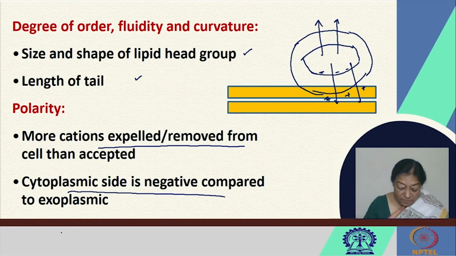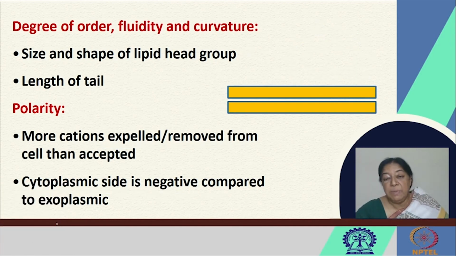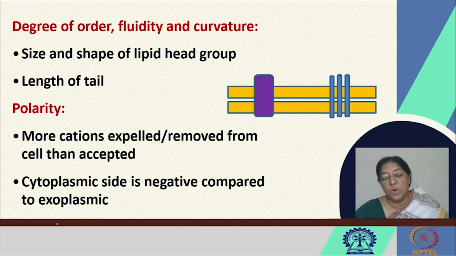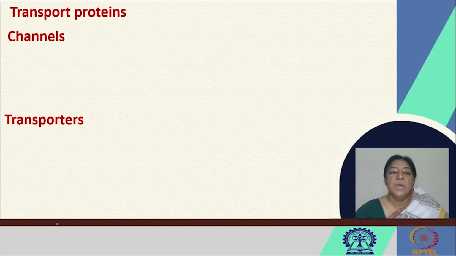So here we have our cell, we have our lipid bilayer. If we have our membrane, that could be a helical type, or a porin type, on the outside we have positive charges, and on the inside we have relatively more negative charges.